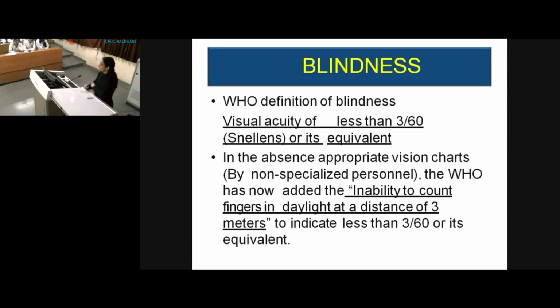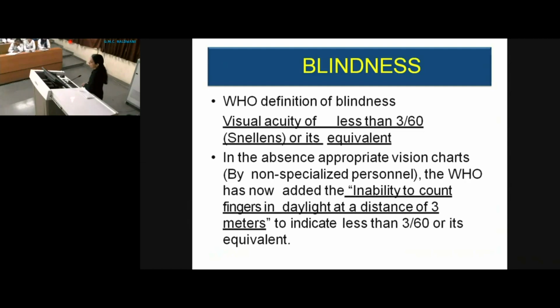OPD. So what is its use? For vision testing, right? So the definition is according to Snellen's chart, that is when the acuity of vision is less than 3/60 or its equivalent, we say it is blindness.